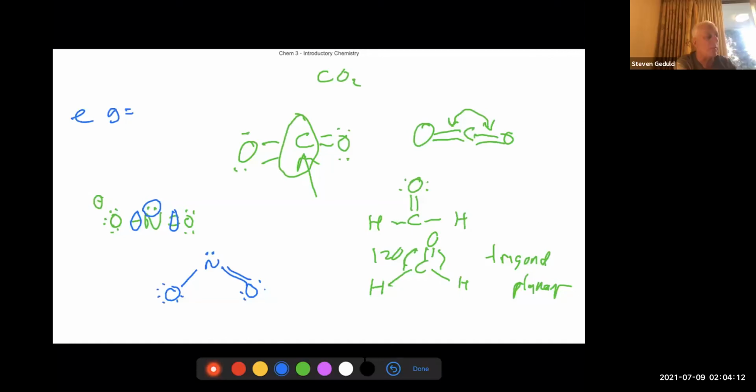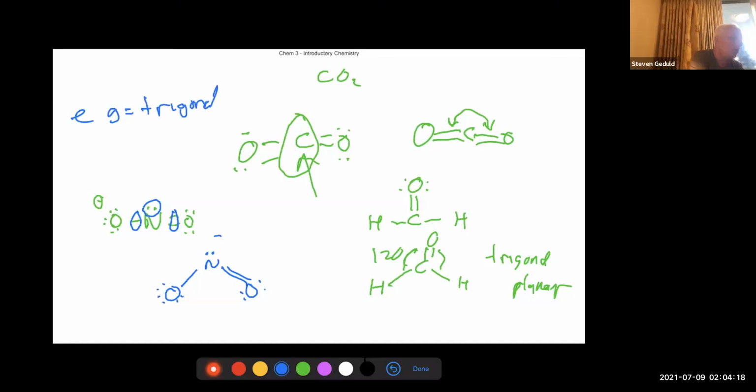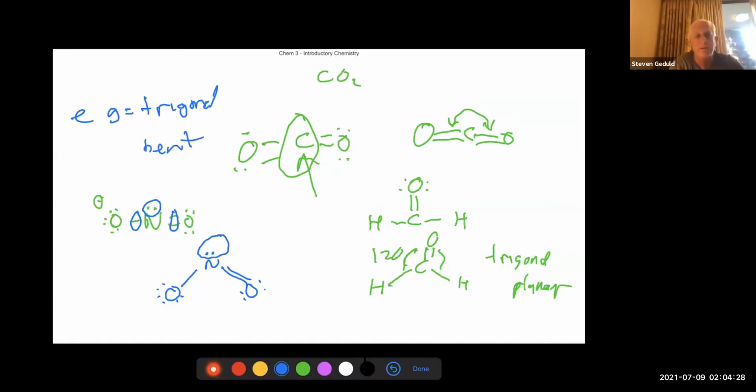The electron geometry is going to be trigonal planar. That's the electron geometry, because you include this electron pair right here. The molecular geometry is going to be bent. Perfect. Bent or angular, same thing. So the electron geometry is different than the molecular geometry if there are non-bonding electron pairs on the central atom.